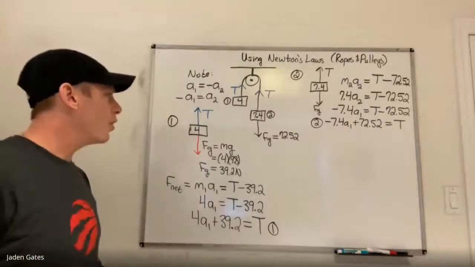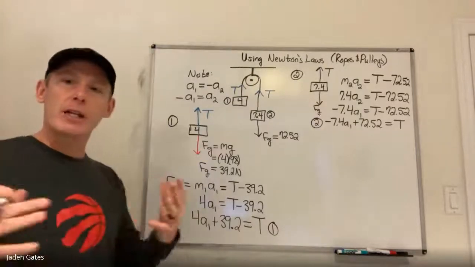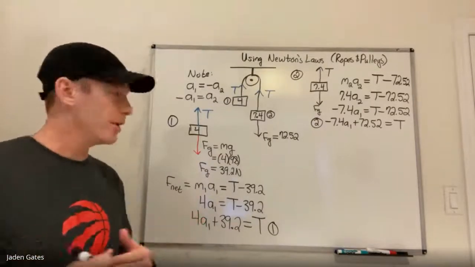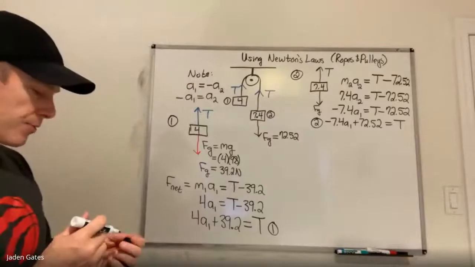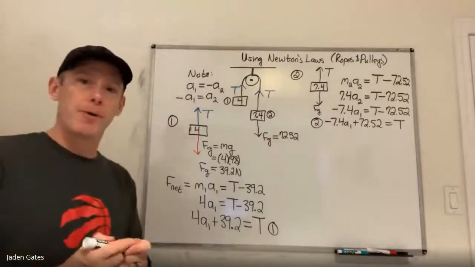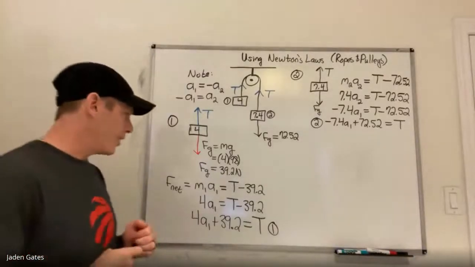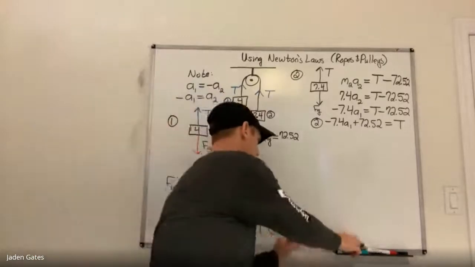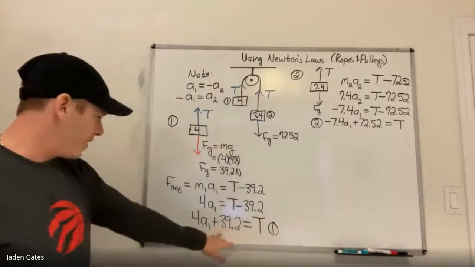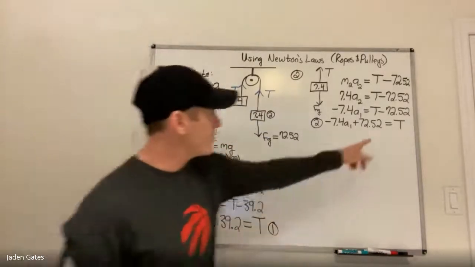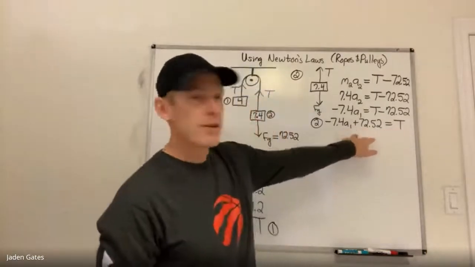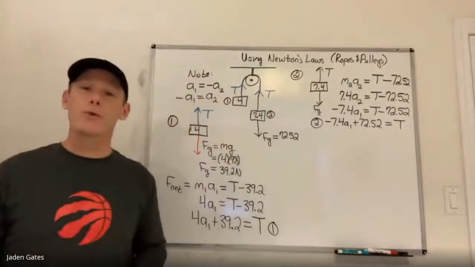All right, so what I'm going to do is a little solving by substitution. Now, it's a simple substitution, which sometimes confuses people. But here's how I'm going to do it: if T is equal to this and T is equal to this, then they must be equal to each other.